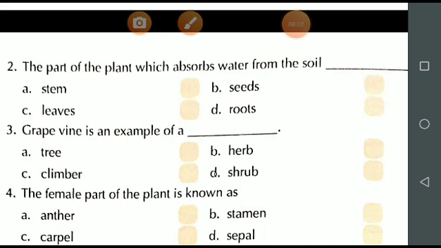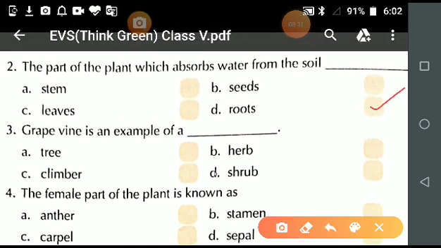Roots absorb water and minerals from the soil, pass them to the stem, and then the stem passes them to other parts of the plant. So the right answer is root. Okay, now next question.